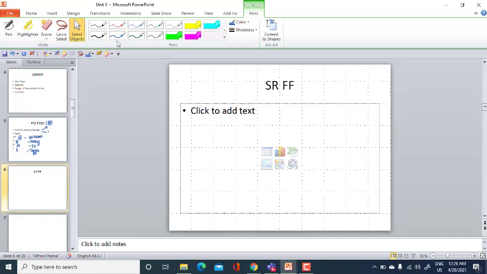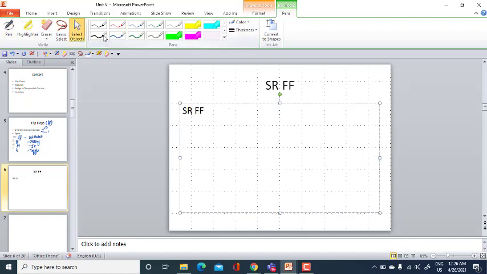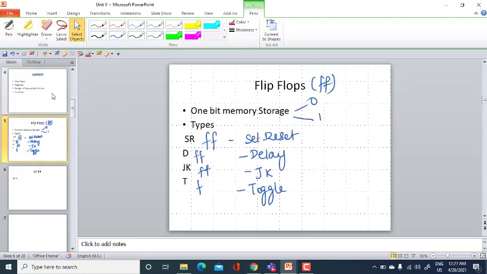Okay. So the circuit diagram of SR flip-flop is this. In the circuit diagram, all the flip-flops that we are going to discuss will be realized by using NAND gates, the universal gate.